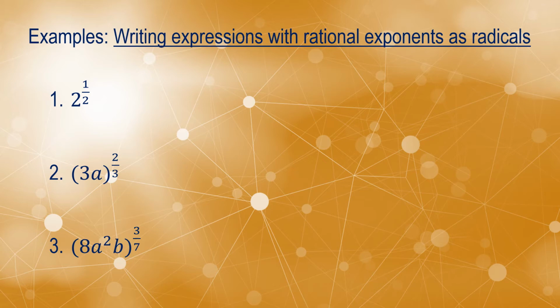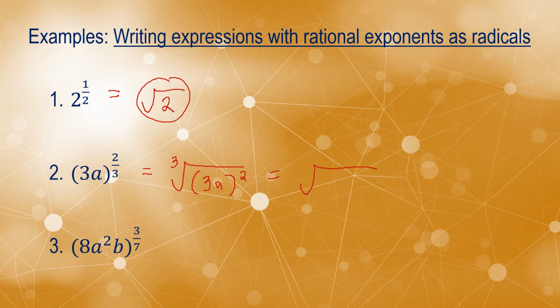So let's say we have 2 raised to 1/2 in radical form. That means we have the square root of 2. Another one, we have 3a quantity raised to 2/3. In radical form, that is the cube root of 3a quantity raised to the second power. Let us simplify the radicand.